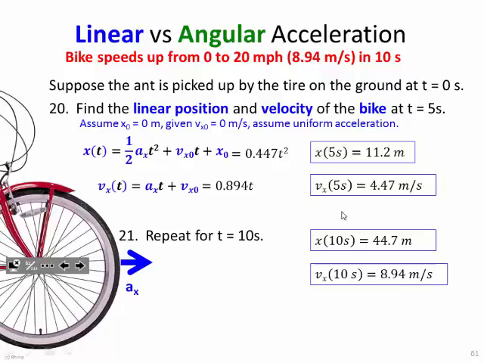Our velocity versus time graph is a linear function. So if I double the input time, I double the output. So that's the doubling effect you're seeing right here, because we have a linear function. This is quadrupling because we have a quadratic, or squared, function. So that goes right back to all those graphs we were making of position, velocity, and acceleration.